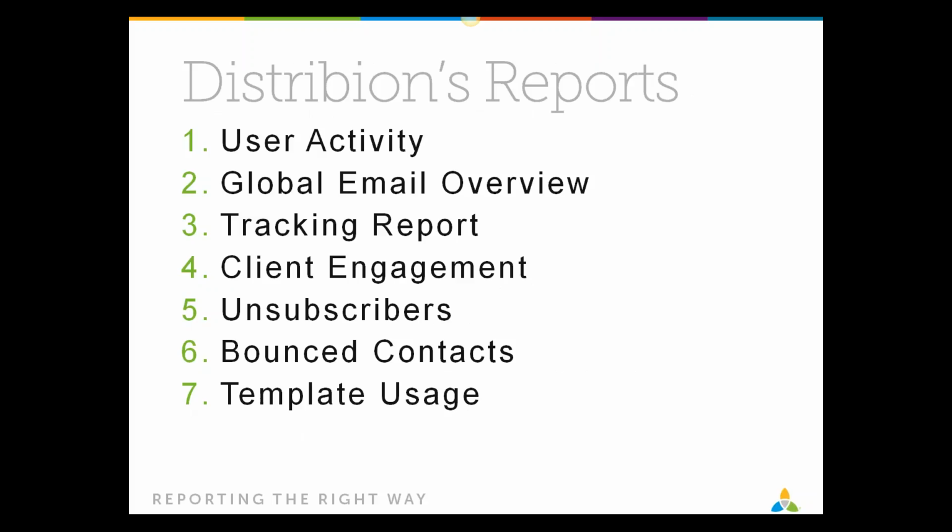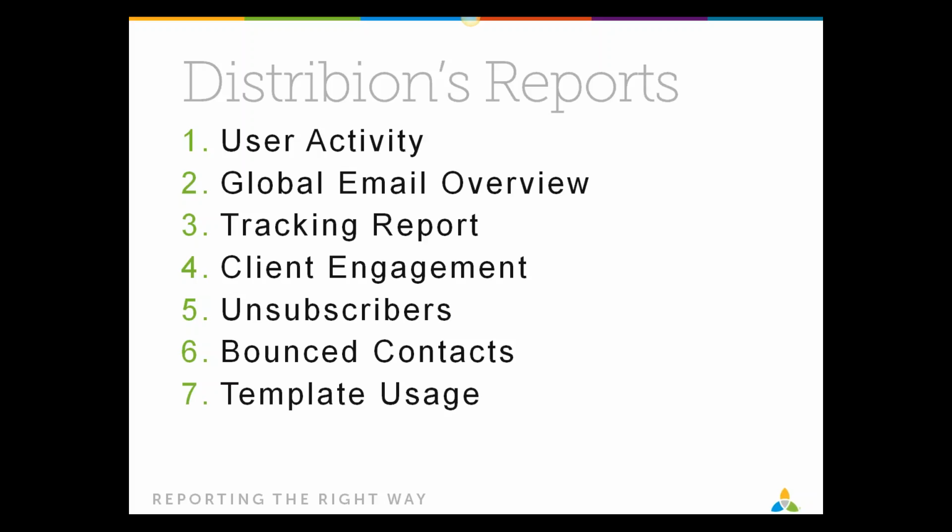So the Distribion reports that we are going to go through today are the user activity report, the global email overview. We're going to go through the tracking report from the global email overview, the client engagement, your unsubscribers report, your bounce contacts report, and then your template usage report.